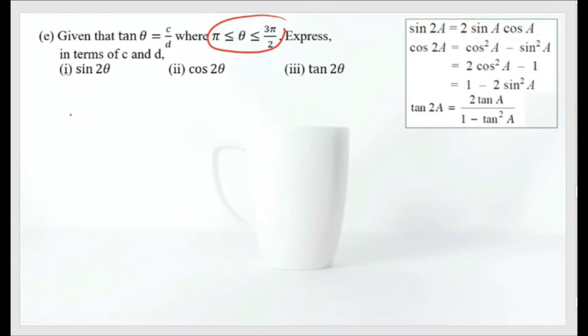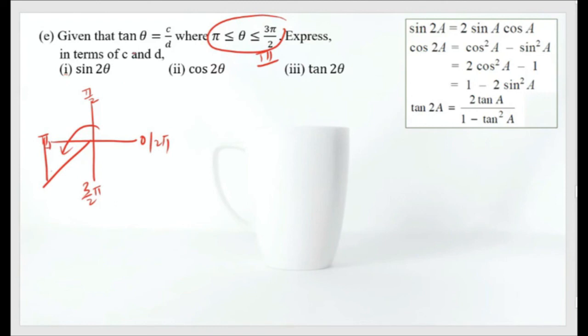You can draw out first: 0, pi over 2, pi, 3 over 2 pi, and 2 pi radian. So pi to 3 pi over 2, it will be in the 3rd quadrant. So the answer will be here.